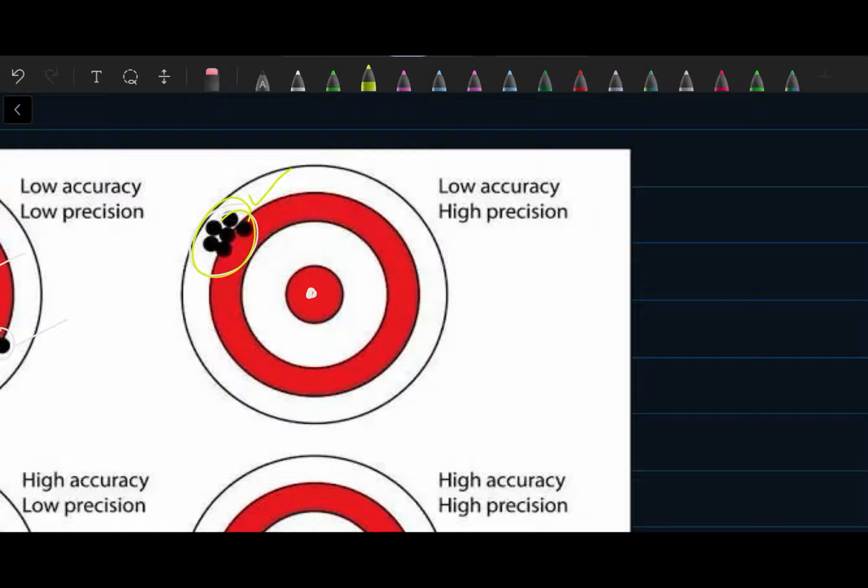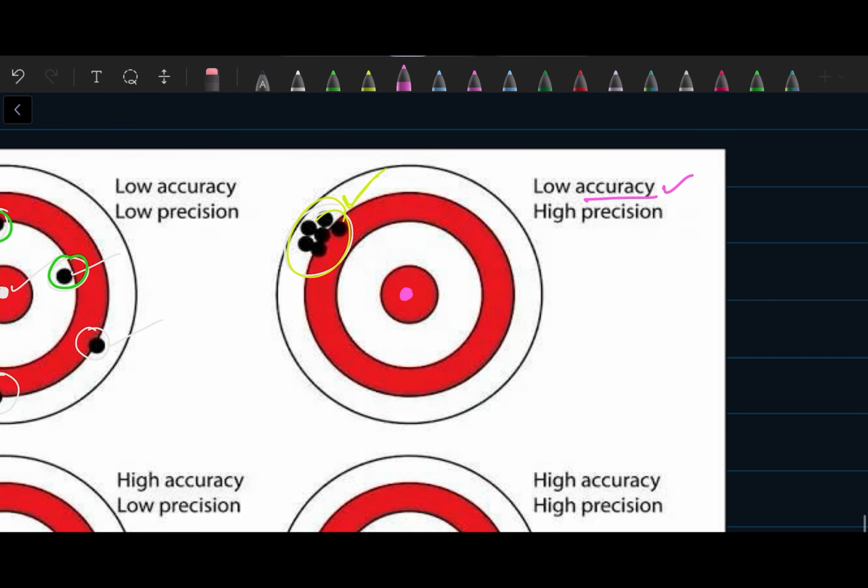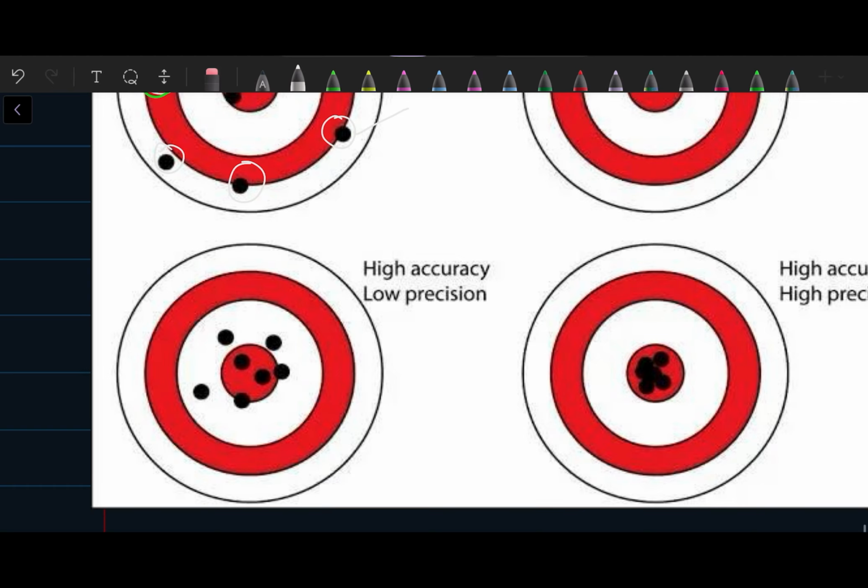That is, precision is high but accuracy is low because they did not reach the main point at the center of the circle. Here, all the measurements are exactly near the center and all have reached the center also. It means accuracy is very high, but precision is a little low because they are a little bit away from each other, so we can mention it is low precision.